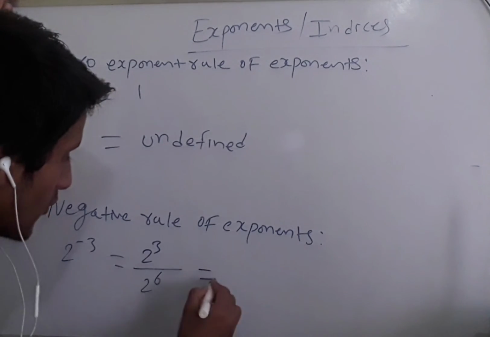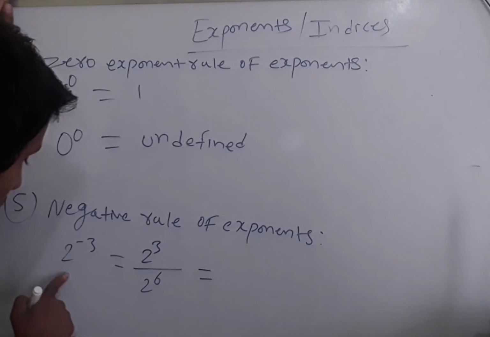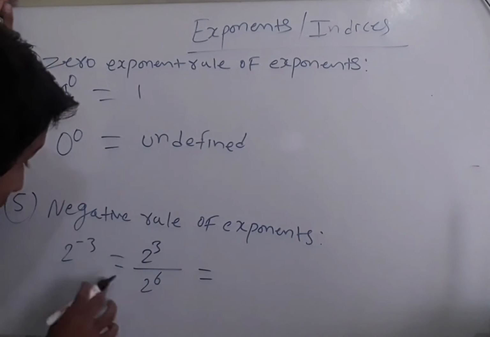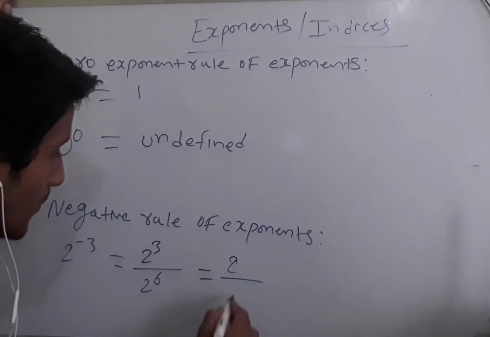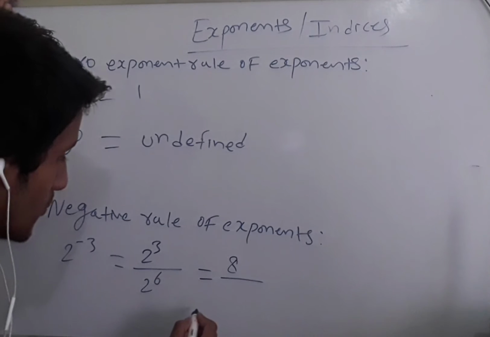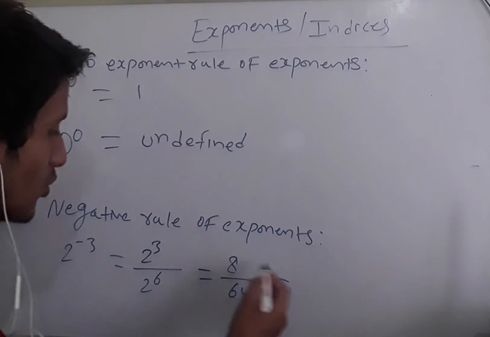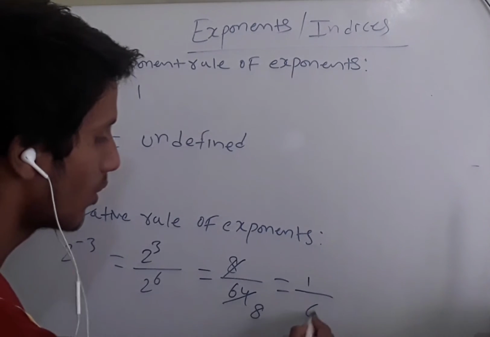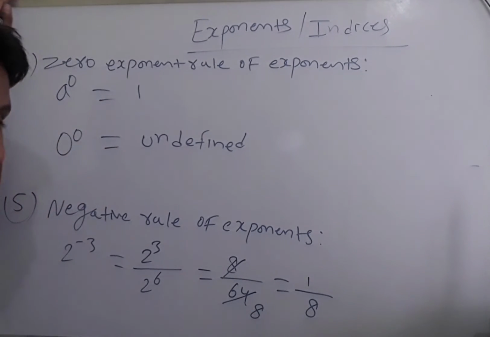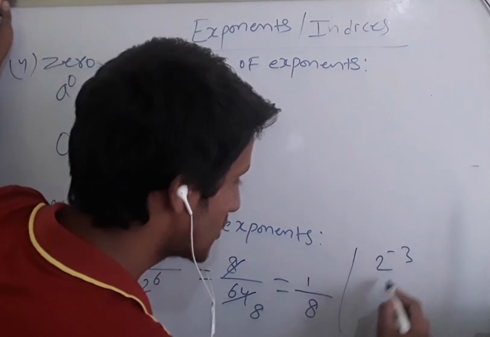Now we're going to solve this using simple arithmetic so that we can arrive at the answer. So this will be 8 divided by 64, and if you do this, you're going to get 1/8. It means 2 to the power minus 3 is 1/8.